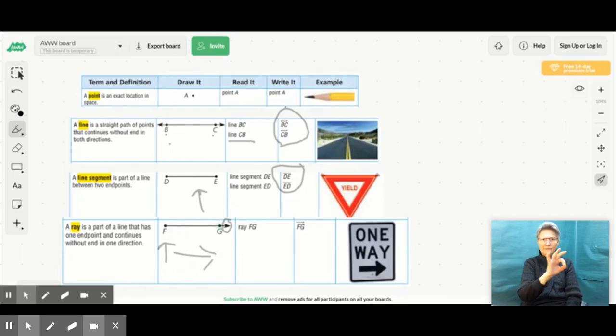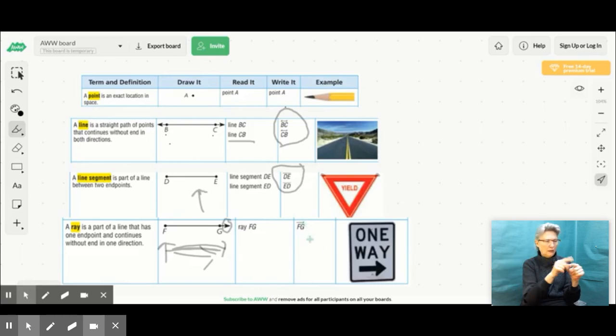We can't call it ray GF. Why not? Think about that for a minute. Why can't we call this ray GF? I think you were thinking because it has a specific direction that it travels in. So this ray travels in the direction of the arrow. It travels FG, right? So that's how we have to name it.